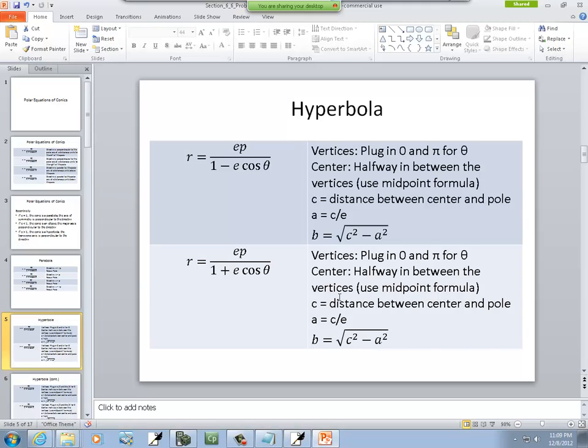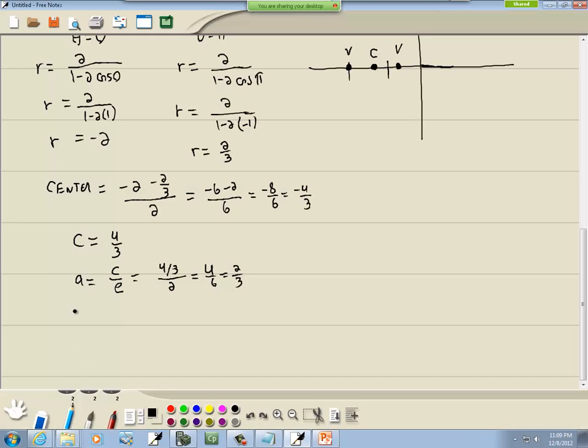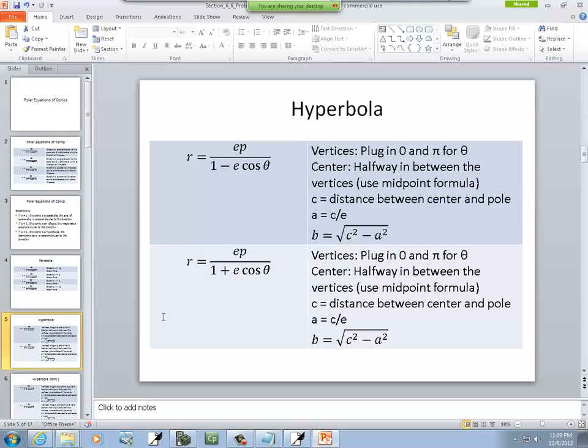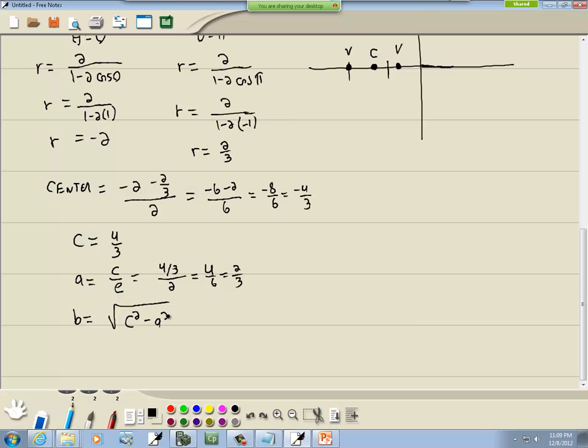And then it says B is equal to the square root of C squared minus A squared. So that's 4/3 squared minus 2/3 squared, which is 16/9 minus 4/9, which is the square root of 12/9.